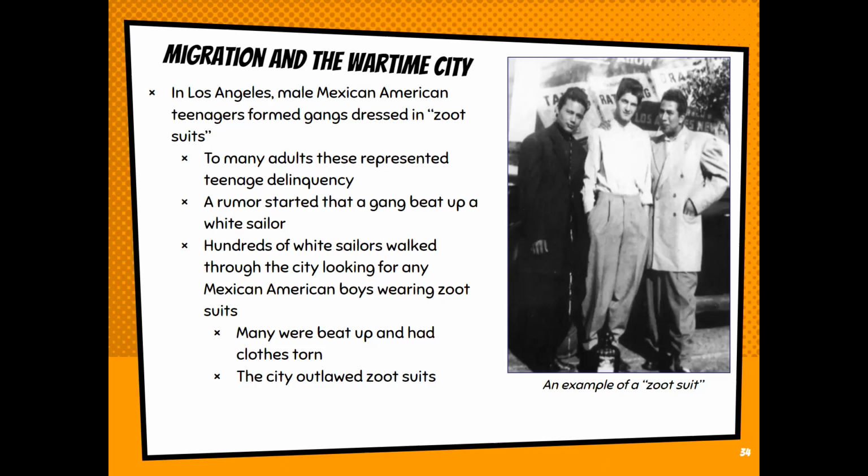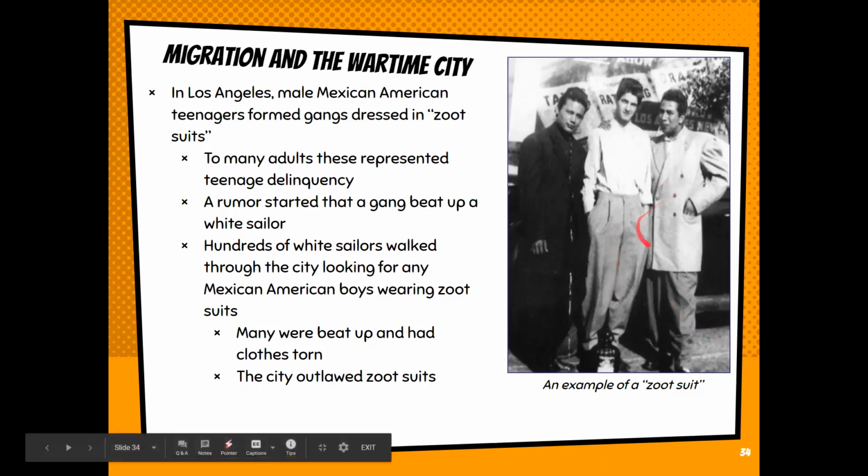Now, while it was worn by some gangs at the time, it wasn't only gangs. In many cases, it was worn by just teenage boys because it was a cool new outfit. And basically, it's flat pants and a long jacket.